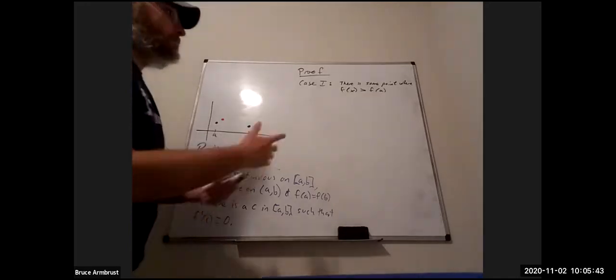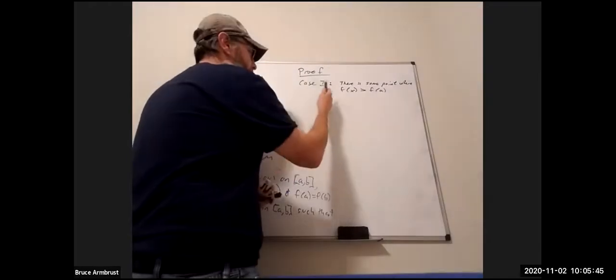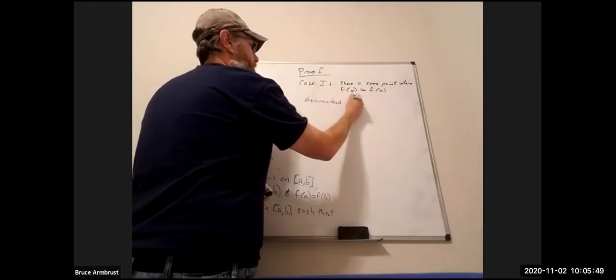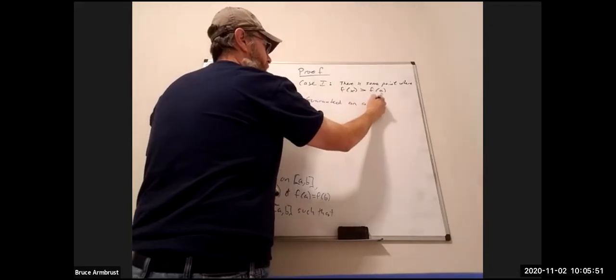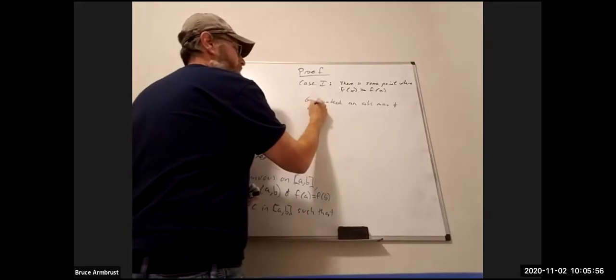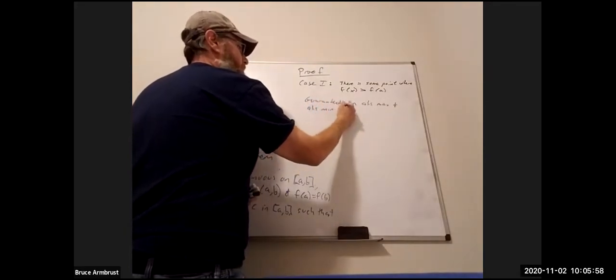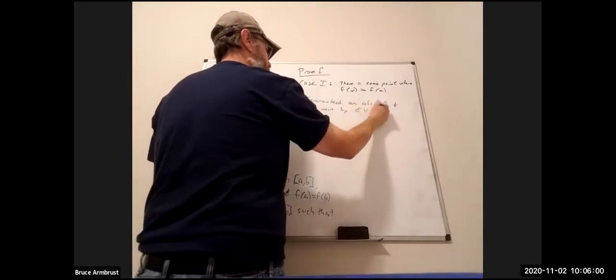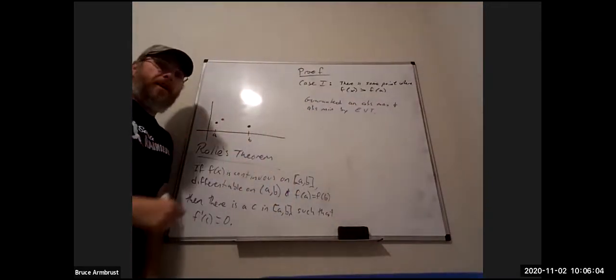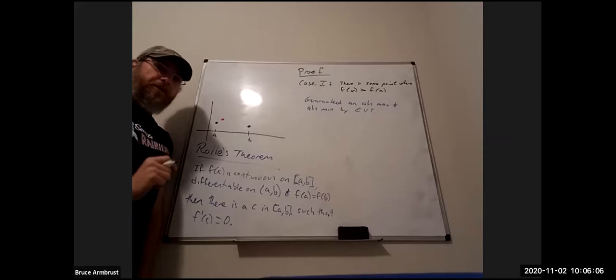So we are guaranteed an absolute max and an absolute min by the extreme value theorem. Right? It's continuous. So what we were just talking about, we know for sure that there's going to be an absolute max and an absolute min.